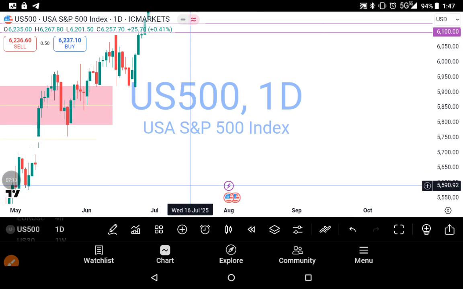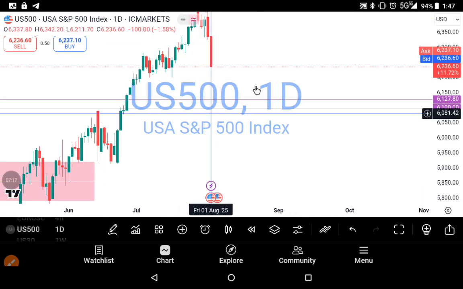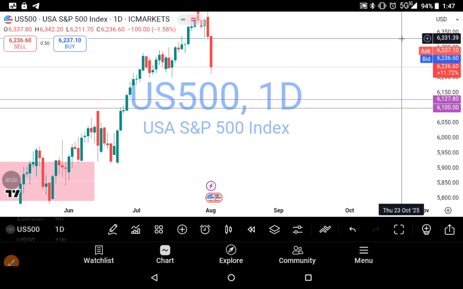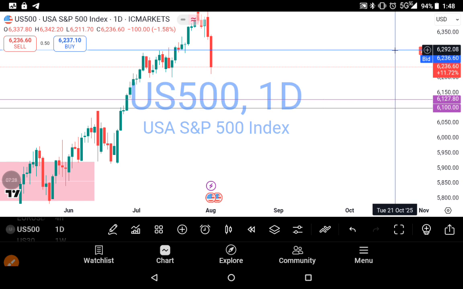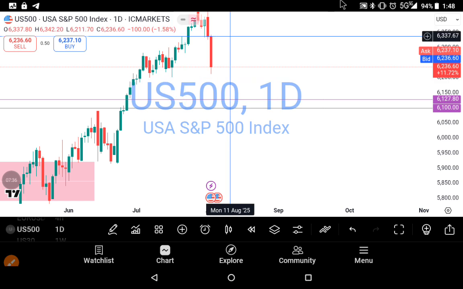The coming week, I'll be expecting the level 6300 on the S&P 500 to serve as a resistance. I'm expecting this low to be taken around 6200.